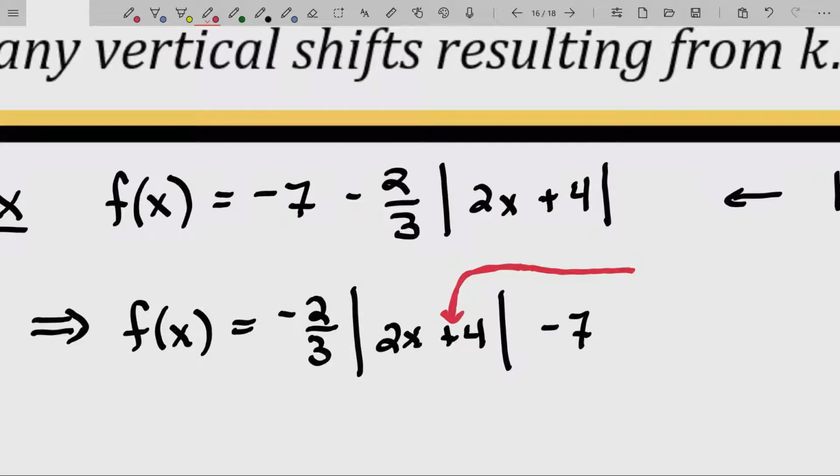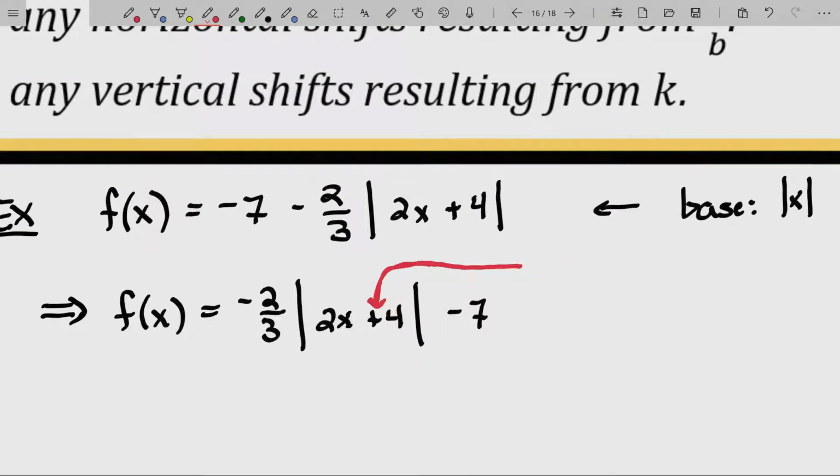So what I'm writing here purposefully in red is me telling you intentionally, do not do what I'm about to say. A lot of students will say, this is a shift to the right by 4 units, and it's not. It's not a shift to the right by 4 units.